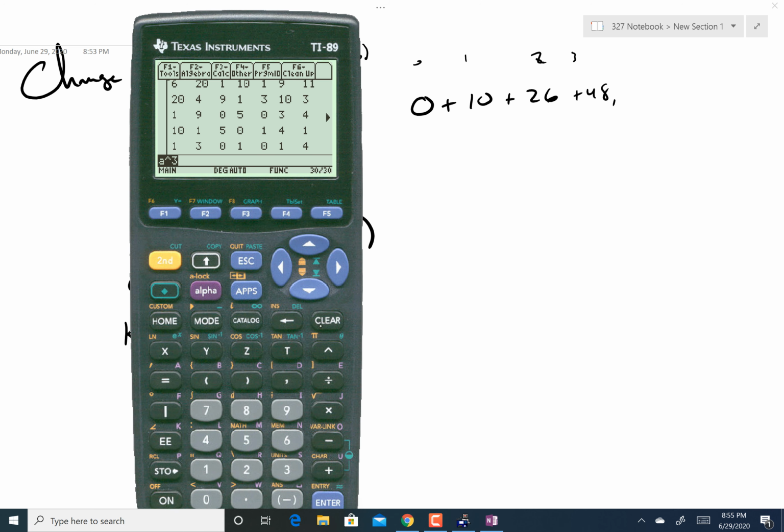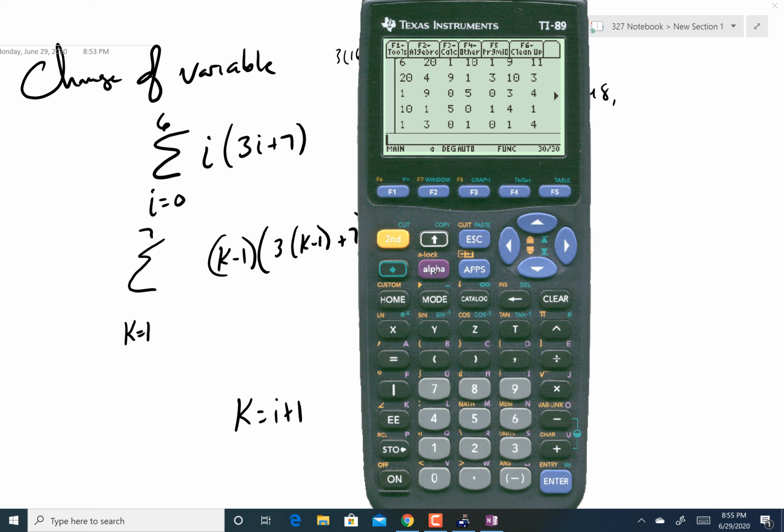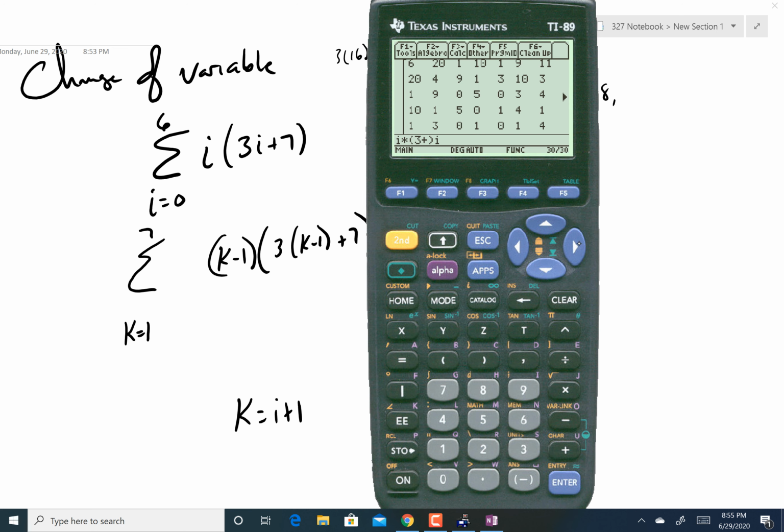There we go. Cool. So I can just literally do this on my calculator. Alpha i times alpha i times, oops, 3i rather, plus 7. Oh, you hippie.